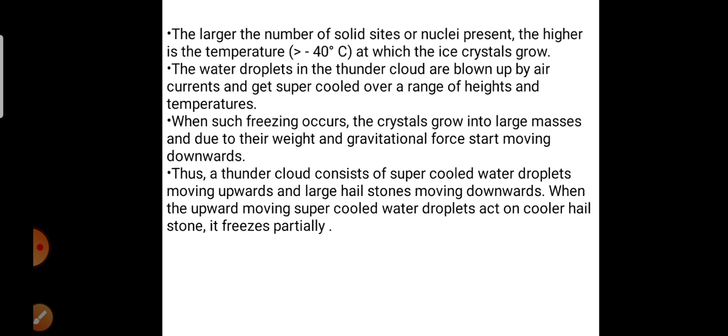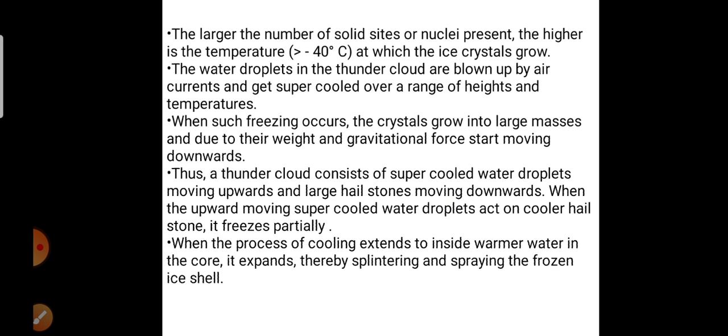Thus a thundercloud consists of supercooled water droplets moving upwards and large hailstones which are moving downwards. When the upward moving supercooled water droplets act on the cooler hailstones, those freeze partially.